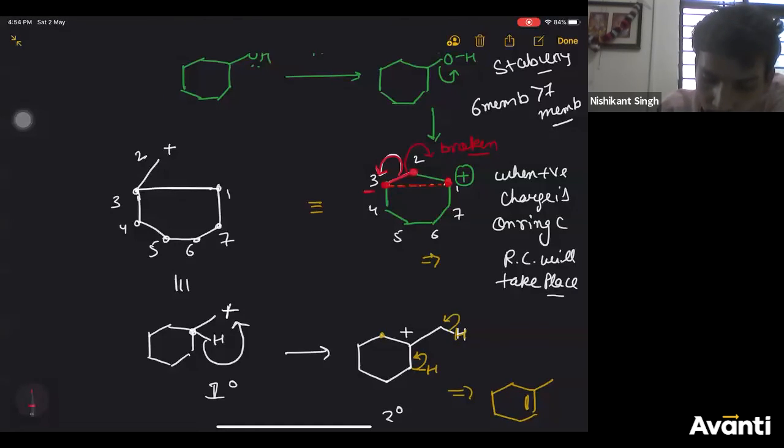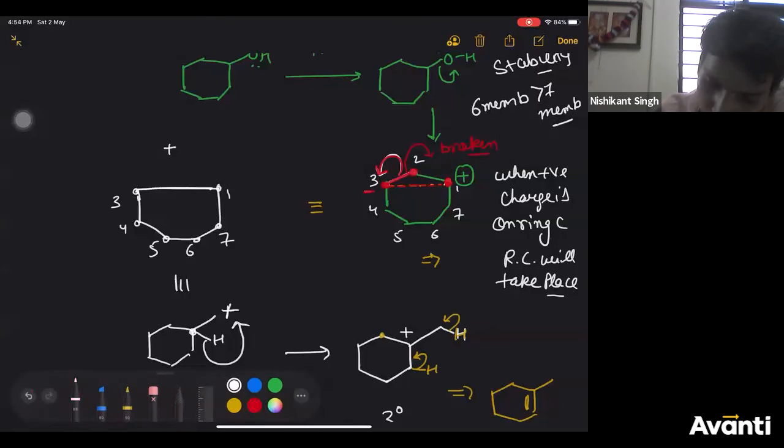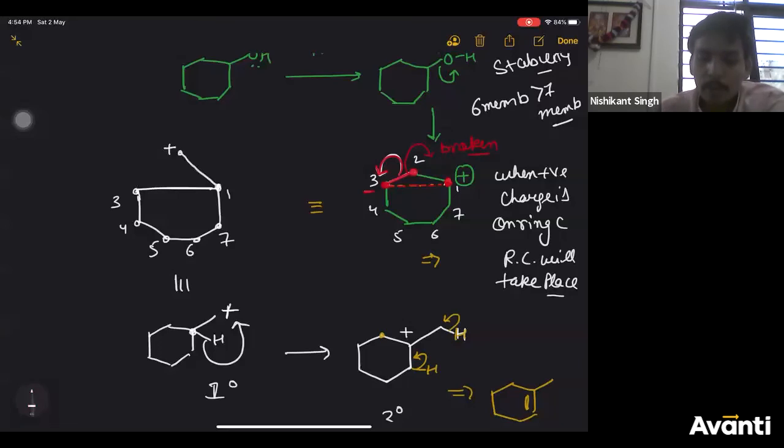Okay, there is one mistake, students. Just a minute. This second carbon is not bonded to the third carbon. It is bonded to the first carbon because we have broken the second, third carbon bond. But anyway, the product will not be affected.